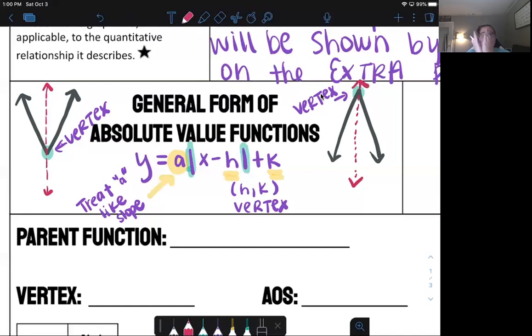If you were to take that V shape and fold it in half on the axis of symmetry, you would notice that each side of the V is a perfect reflection of the other. So the axis of symmetry is the line that cuts the graph in perfect half.